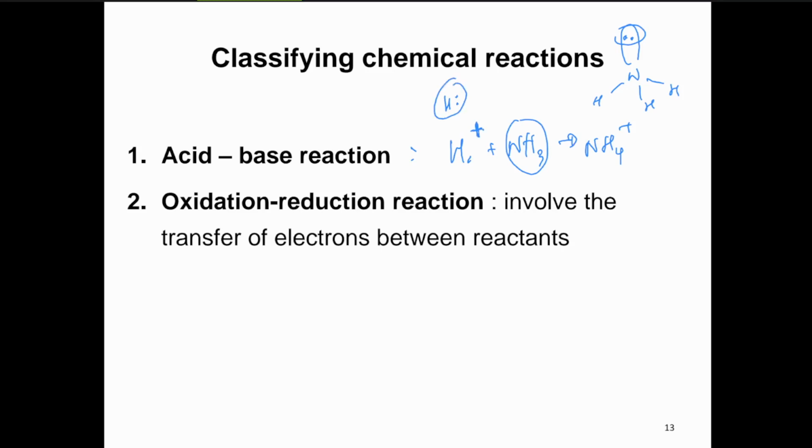So you can imagine that H+ makes a bond here. So you have the sharing of electrons. So the hydrogen will have 2 electrons, and then the NH3 now has 4 covalent bonds. Okay.